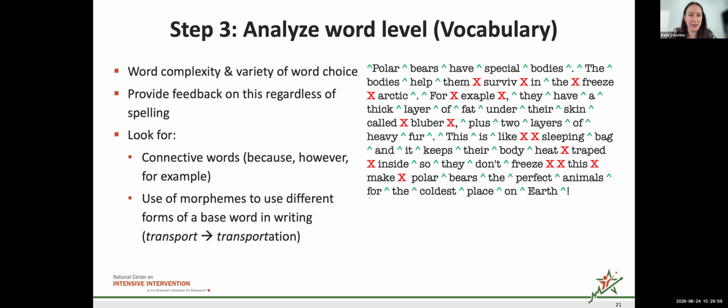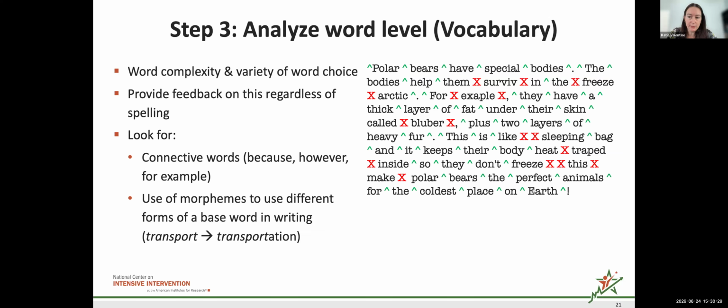The word level has another component to it outside of spelling, and one that's very, very important, vocabulary. Typically in an open response written language sample, like a student's paragraph, vocabulary is often not measured through an expected list of words, but instead we're looking for the complexity and variety of word choice that the student has used.